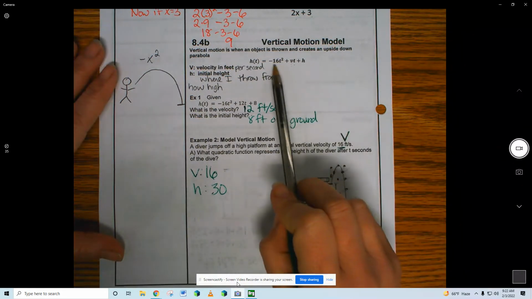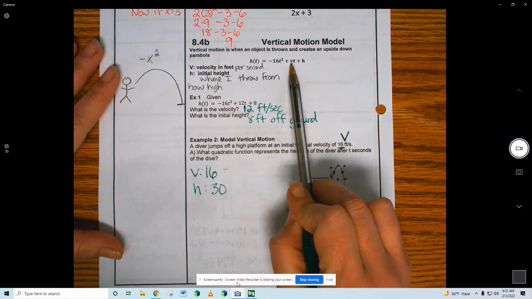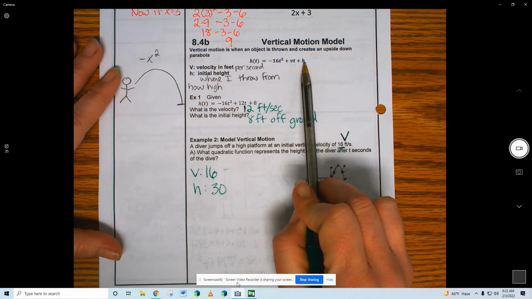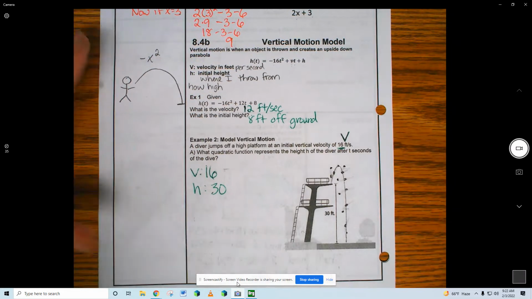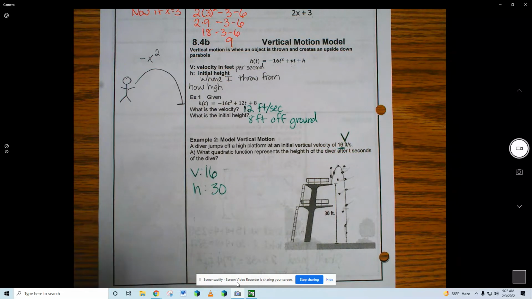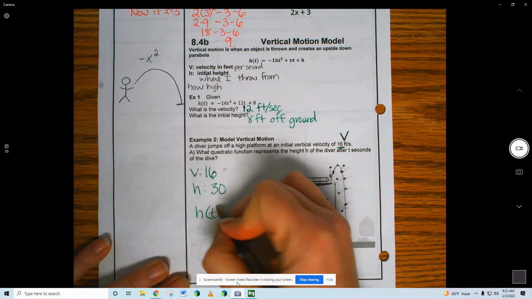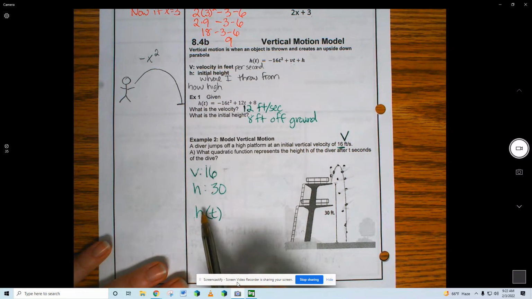So this formula up here is what we're using. But instead of V, I'm substituting in a number. Instead of H, I'm substituting in a number. Damien, what'd you get? 30 is for H. What's the formula? 30 and T. The H of T, this is not part of the formula.